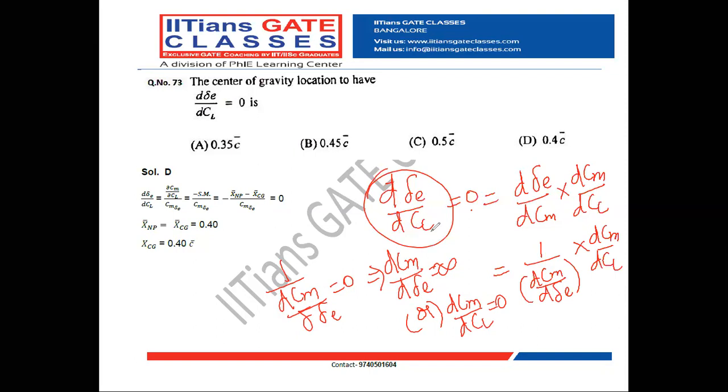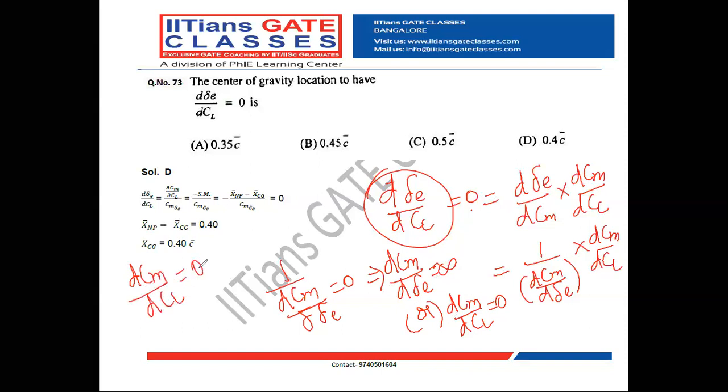That is, either elevator power should be infinity or dCm by dCl should be equal to 0. So the only thing possible is dCm by dCl can be 0, because elevator power cannot become infinity.